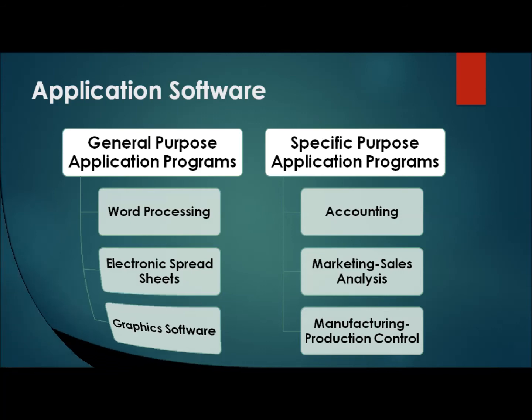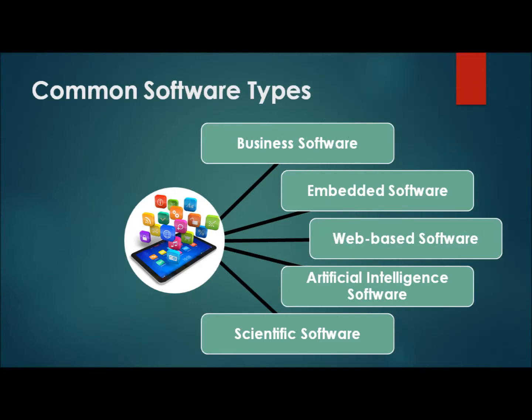And then, apart from categorizing as system software and application software, we can further categorize software as follows. Number 1, business software. The main characteristic of this software is that it captures data to store in large databases, maybe incorporating multiple databases. And then analyzes the captured data to come up with better management decisions to improve the business process.